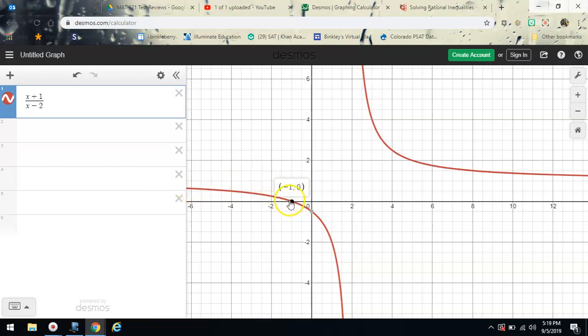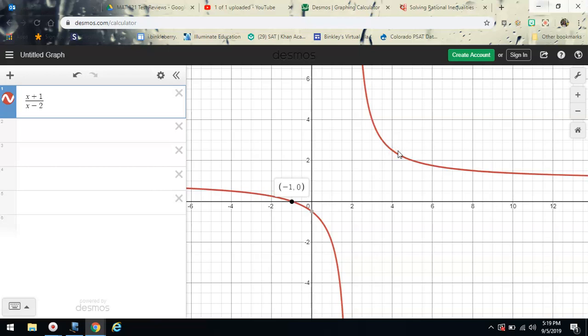So when x is negative 1, it's at 0. That's okay. And then it's above 0 as it gets smaller. But when x is anything above negative 1 here, okay, it's a negative number, so it's below 0. But over here, it picks up again, and it's going to be above 0 forever.